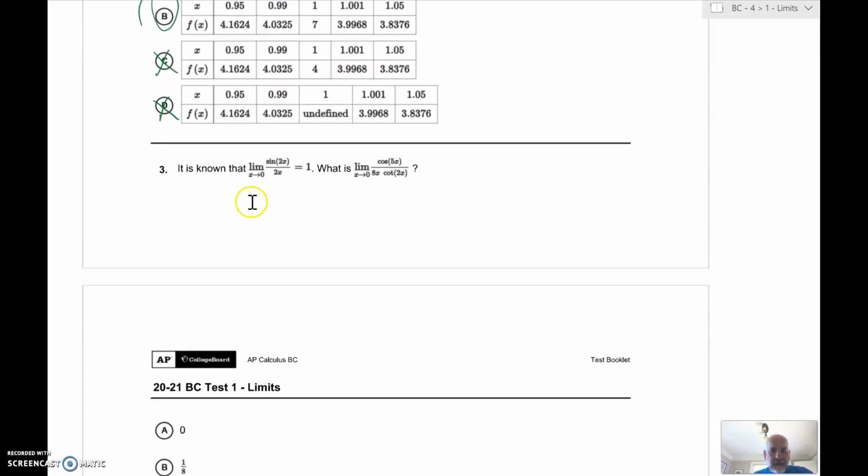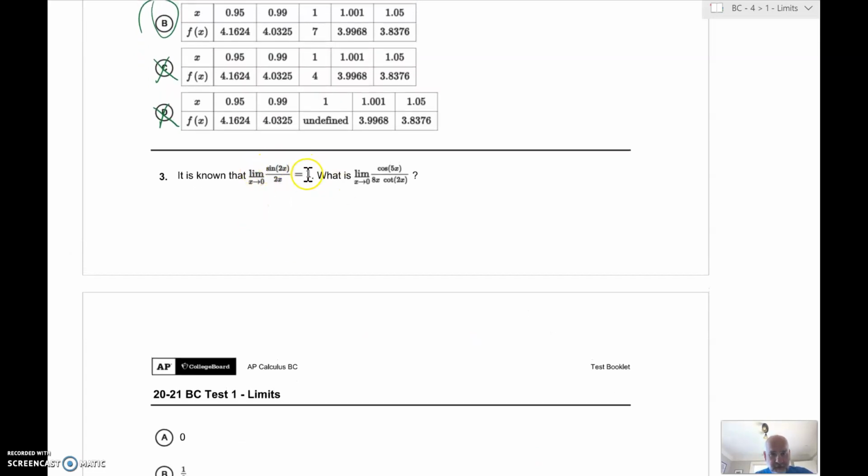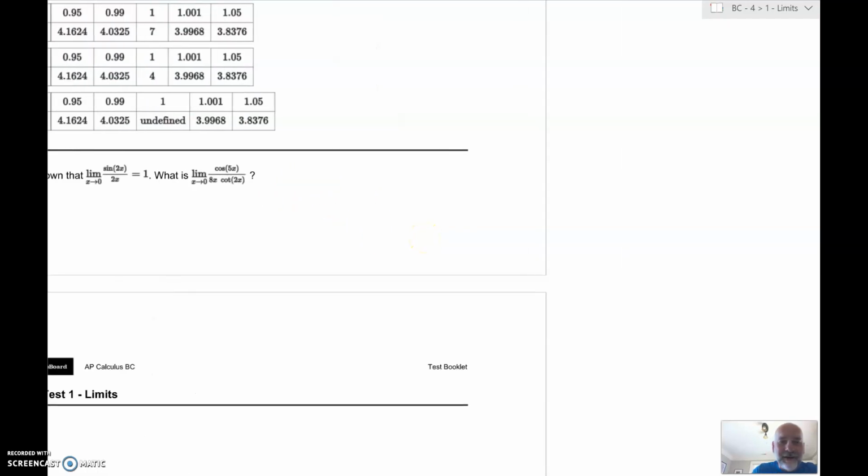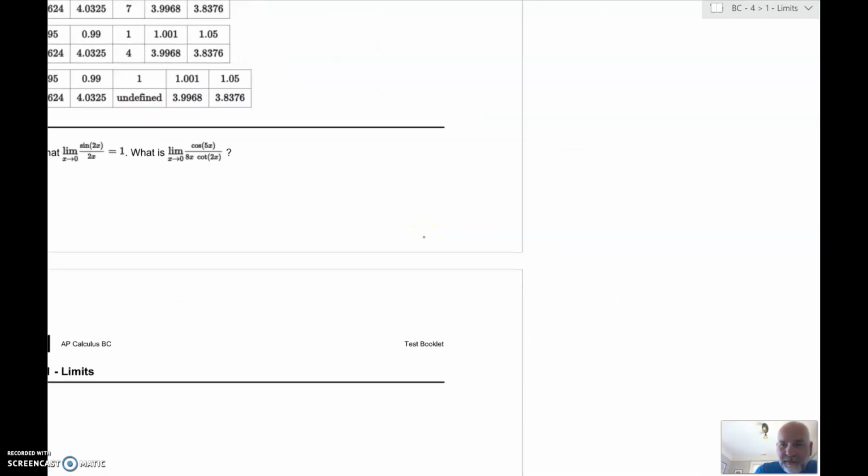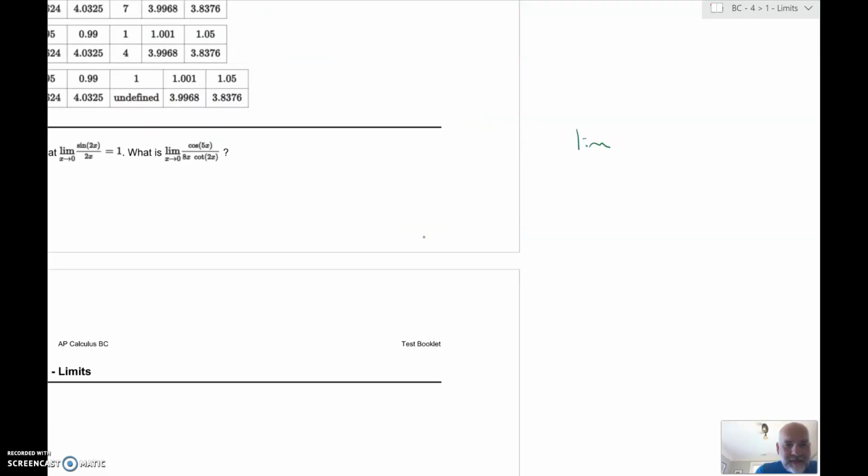It is known that the limit of sine 2x over 2x is equal to 1. That's true. What is the limit as x approaches 0 of cosine 5x over 8x cotangent 2x? Okay, this is going to take a little bit here. So we want to know the limit as x approaches 0 of cosine 5x, and then we've also got an 8x.